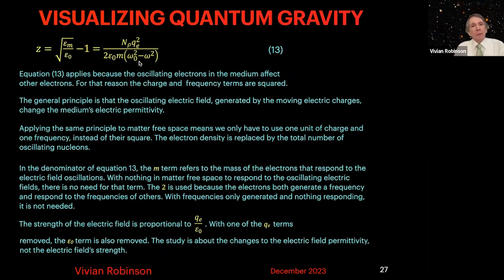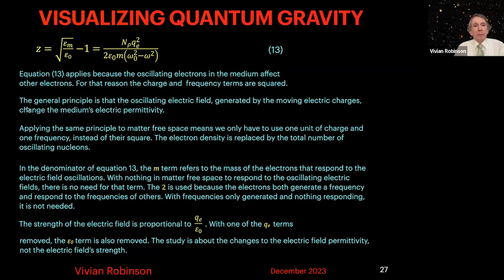Feynman's equation 13, just repeat it here, applies because the oscillating electrons in the medium affect other electrons. For that reason, the charge and frequency terms in this equation are squared.